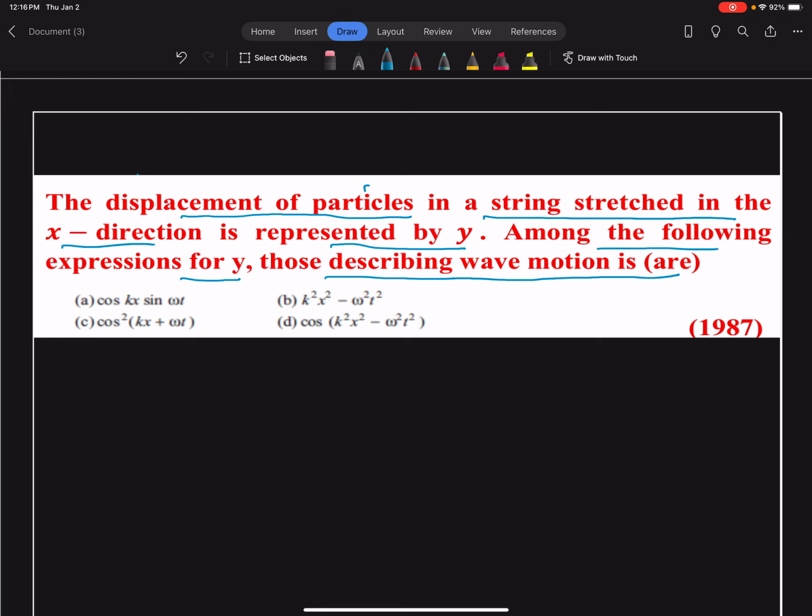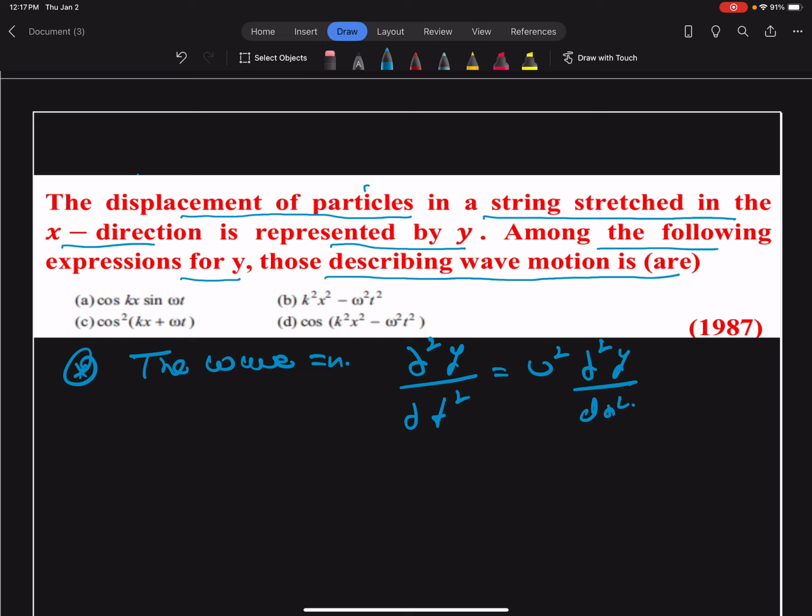So for the solution of this question, we are going to make use of the wave equation in the form of the partial differentiation or double partial differentiation. So we say the wave equation is given as the double partial derivative of y with respect to t, which should be equal to v square times the double partial derivative of y with respect to x.